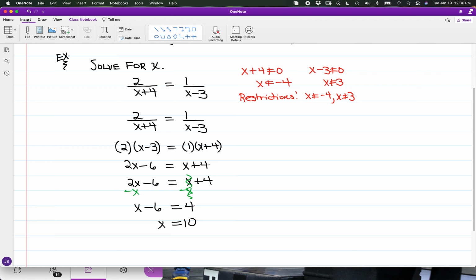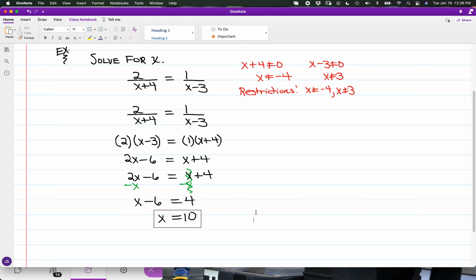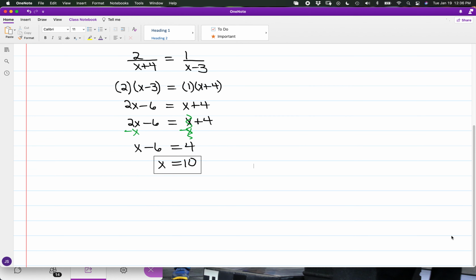Now, looking at the group of problems on page 69, we have equations that involve rational expressions.